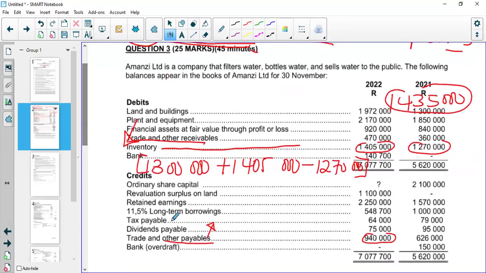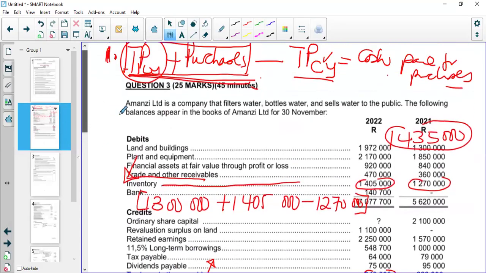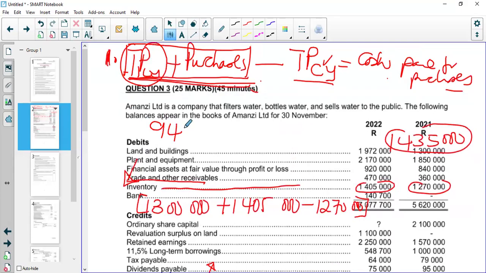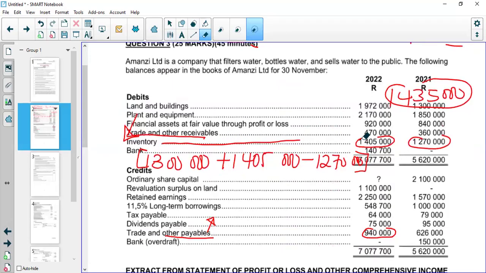So trade payables, 940. My apologies, this is the current year. I must take from 2021, so 626.